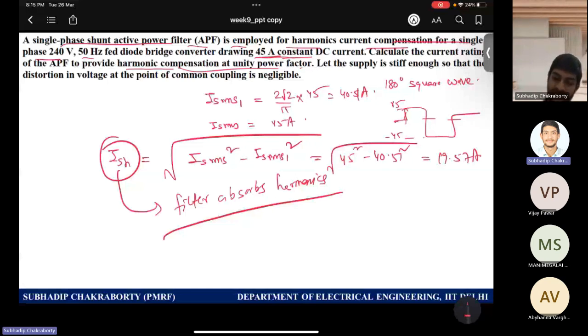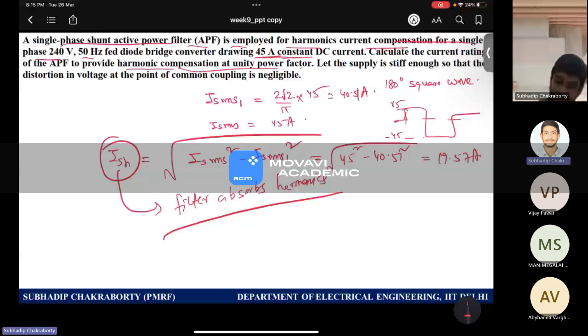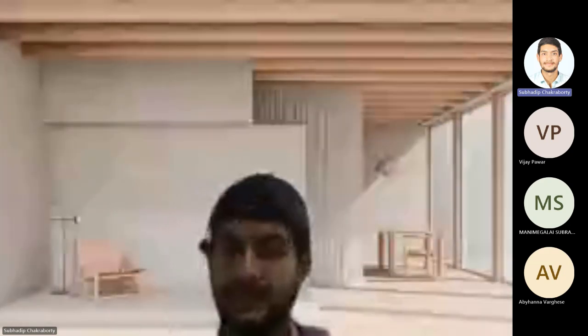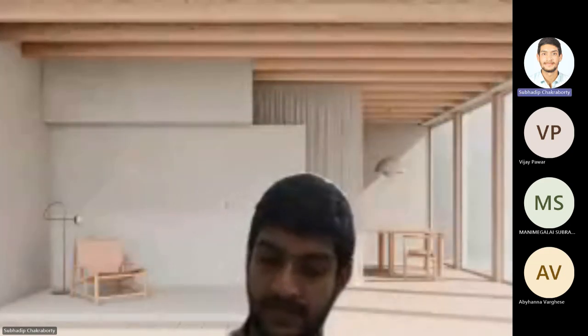So again, the screen is lagging. I will just reshare. So understood? Just see and just share.